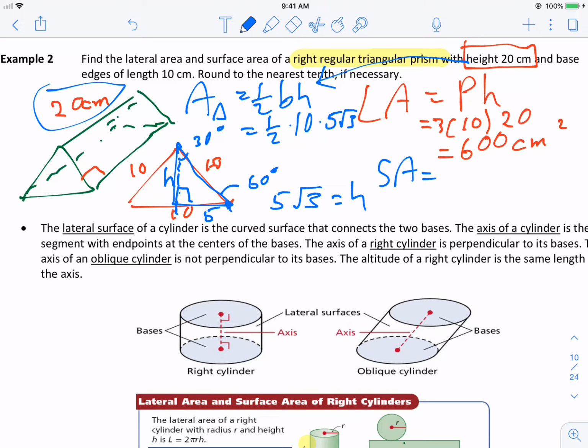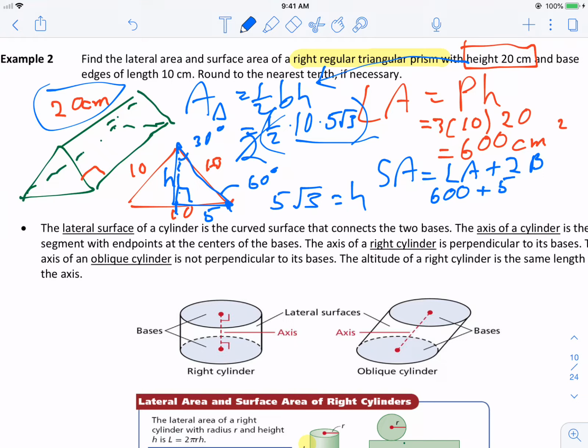So we'll take our lateral area plus 2 times the area of the base, and we can substitute in our 600 square centimeters from the lateral area, and we have 2 of these bases. So we're multiplying all of this base area by 2. The 2 and the 1/2 are going to multiply each other to 1. So really we just have 10 times 5 times the square root of 3. 10 times 5 is 50.